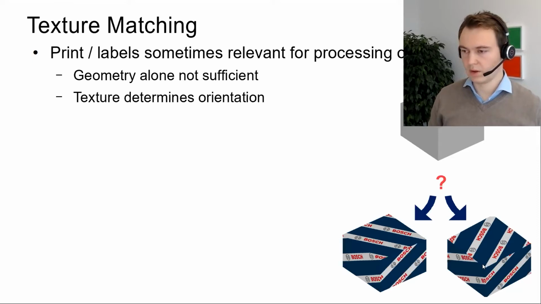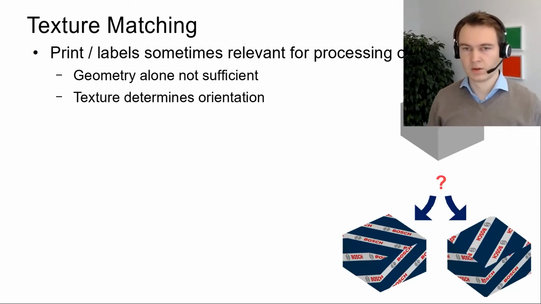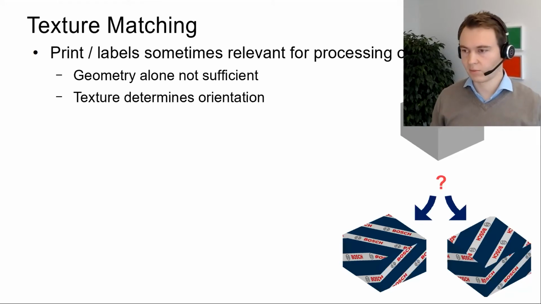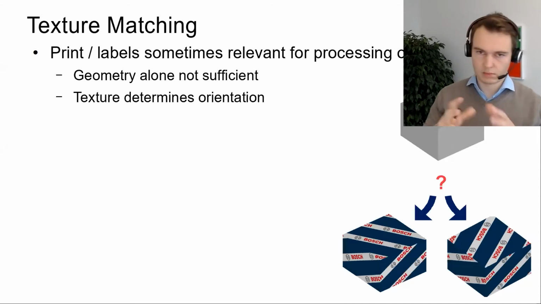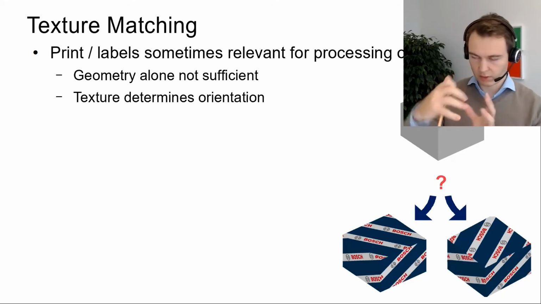And in the end, if you need the part in a certain orientation, you will need to build up either a second inspection station using a 2D camera, or you will need to use the texture data from the camera to, I don't know, flip the part afterwards. After you've found it, you bring it manually to the correct orientation, for example.